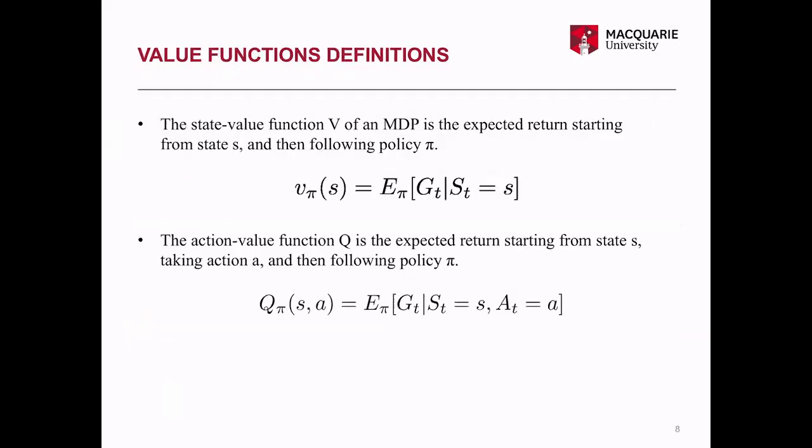As you remember, we had two types of value functions. One of them was the state value function V of an MDP, and the other one was the action value function. The good thing about action value functions is that we can directly utilize them to create reinforcement learning algorithms. SARSA, Q-learning, and DQN, which is the topic of today's lesson, directly use Q functions: you give it a state and action, and it gives you a value.